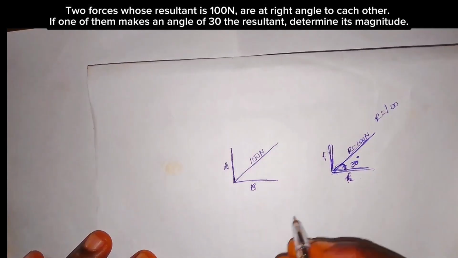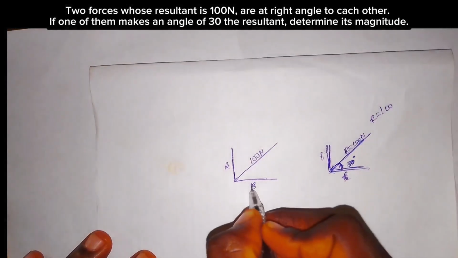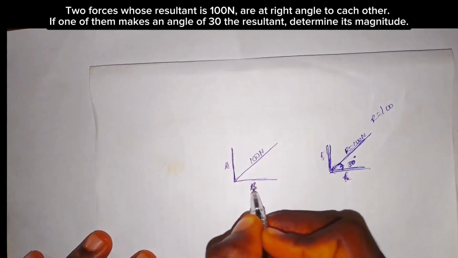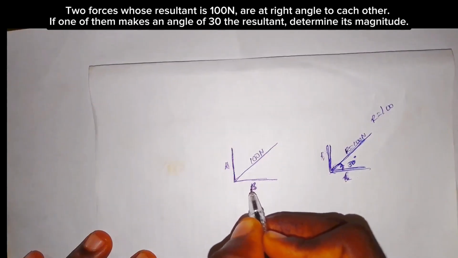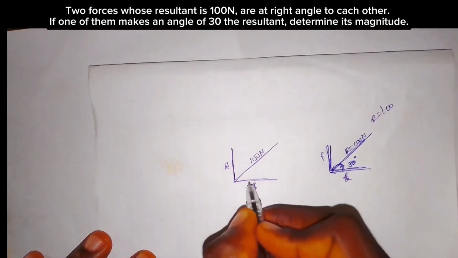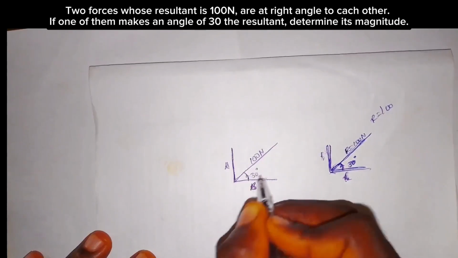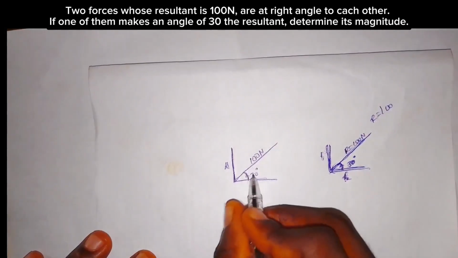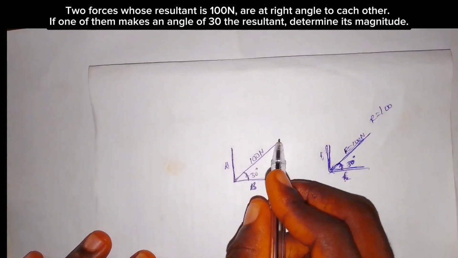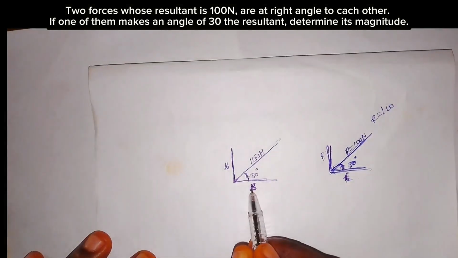So let's continue. If one of the forces makes an angle of 30 with the resultant, determine its magnitude. We are looking for the magnitude of this force, of this vector.